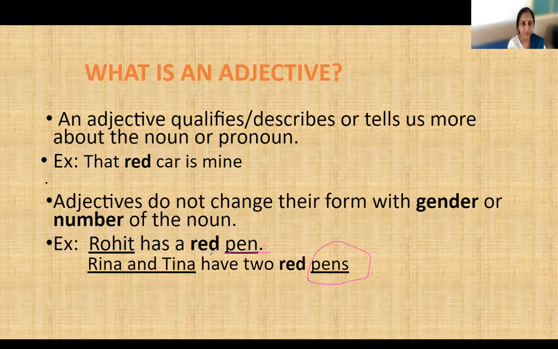But again, you can note that the adjective remains the same even though your noun is singular in the first case and in the second case it is plural. So please remember this whenever you write a sentence, whether your noun is singular or plural, the adjective remains the same.